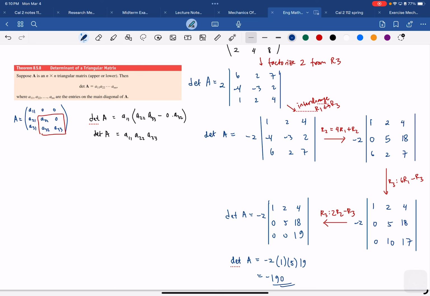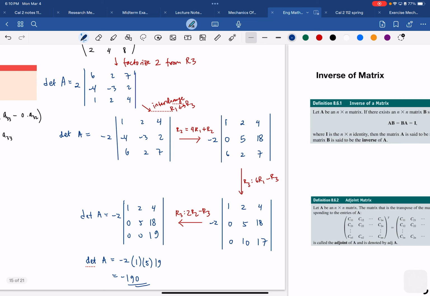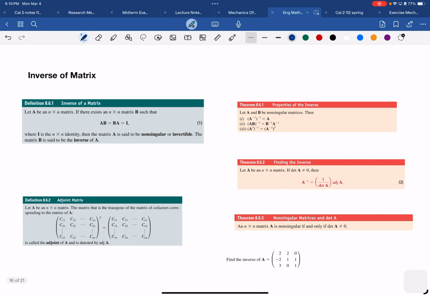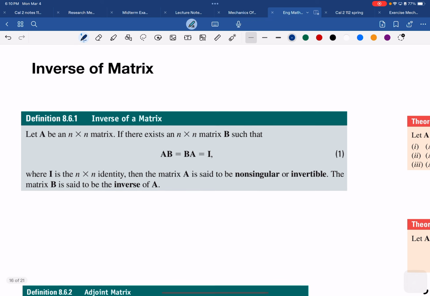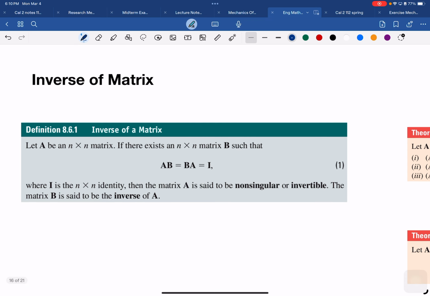Okay, next, after this, it is going to be the inverse of a matrix. Okay. So we start by looking at the definition first, before we go into the application and how to solve using the inverse.